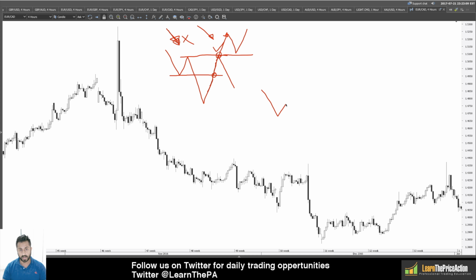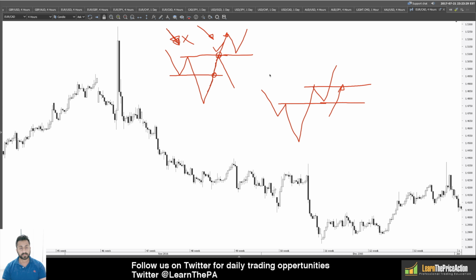Okay, so now you have a new trend, which is your uptrend. So that becomes your new support, the past support or the new support in the new uptrend. Okay, so I hope you understand this concept.